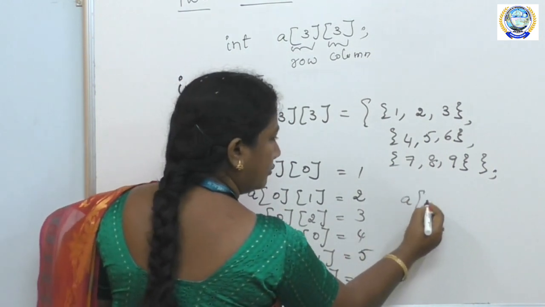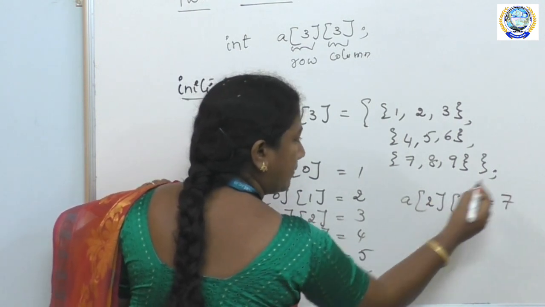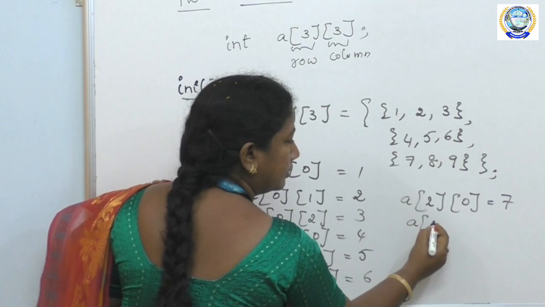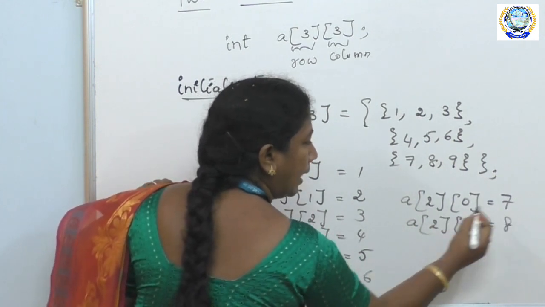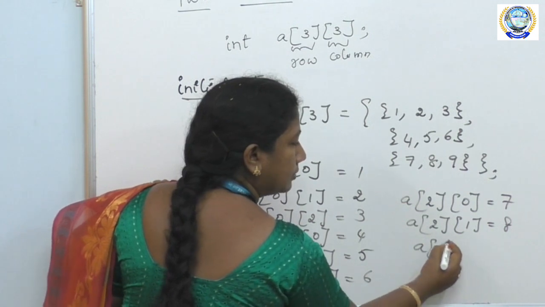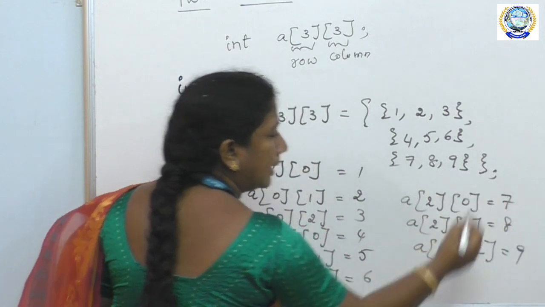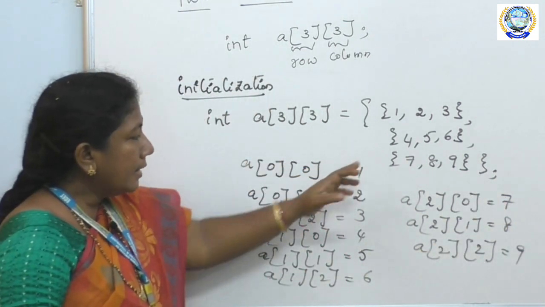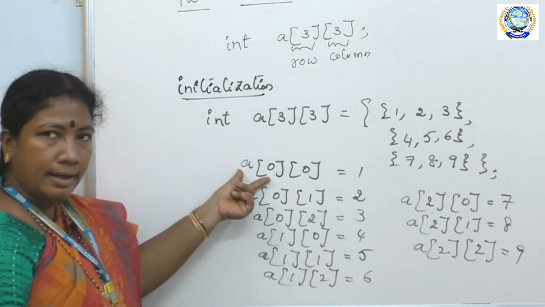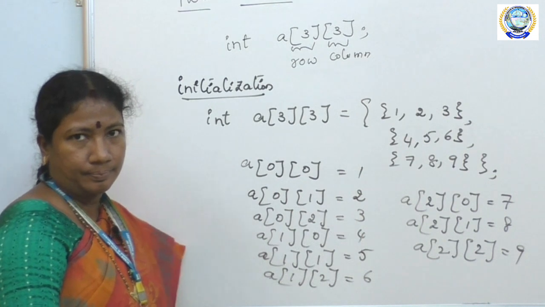Next, a[2][0] = 7, a[2][1] = 8, a[2][2] = 9. These values will be assigned directly to array locations like these by the compiler.